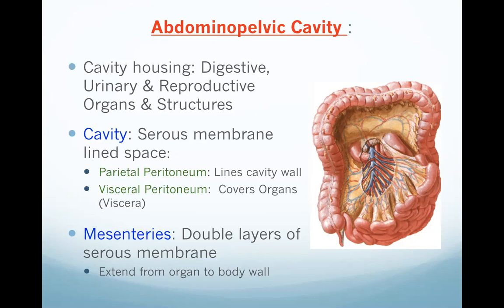So what we're looking at in this drawing is essentially the large intestine, which we can see here coming up the right side of the body, going across from right to left, and then down the left side. We can see all of the small intestines here hanging down and below. And then this yellow tissue here with blood vessels within it, that's essentially a serous membrane.